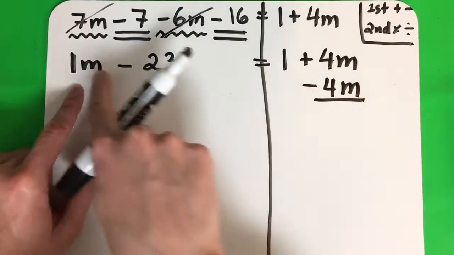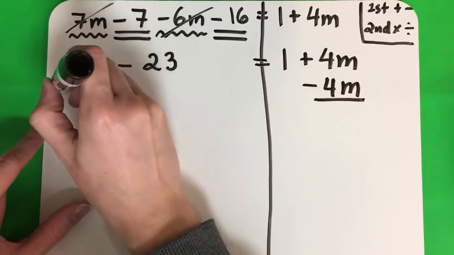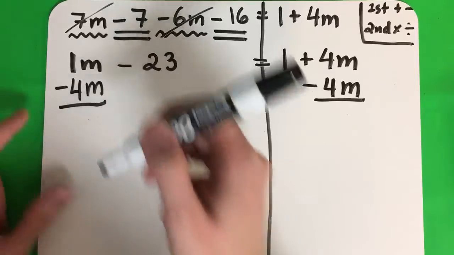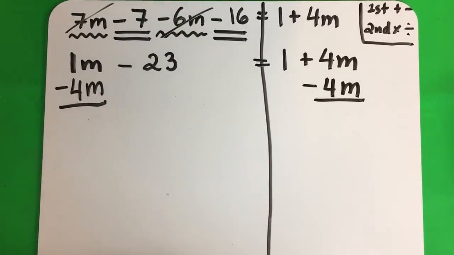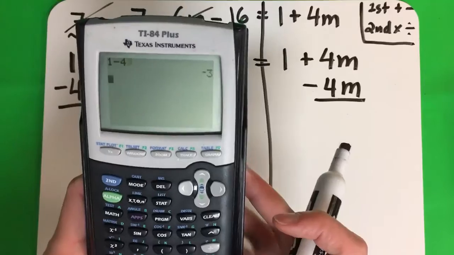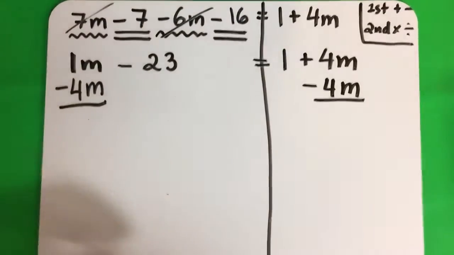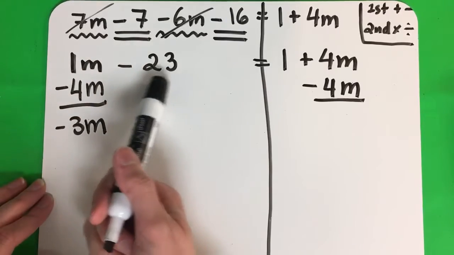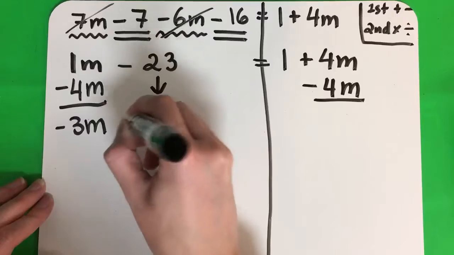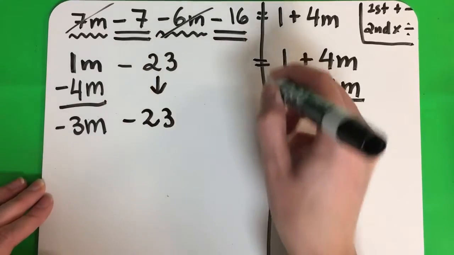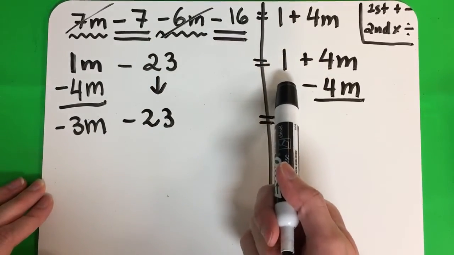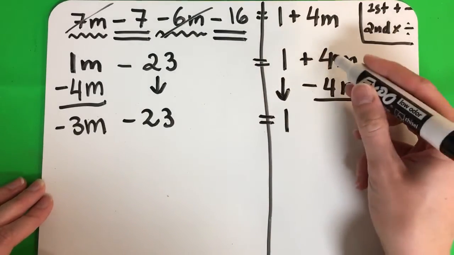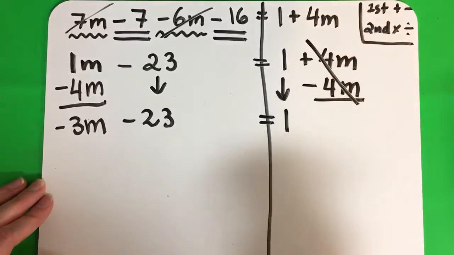So M with M, M con M. So in the calculator, 1 minus 4, negative 3, negative 3M. Here there's nothing, no hay nada, copy. Equals. Here there's nothing, aquí no hay nada, copy. 4 minus 4, 4 menos 4, 0, cancel.